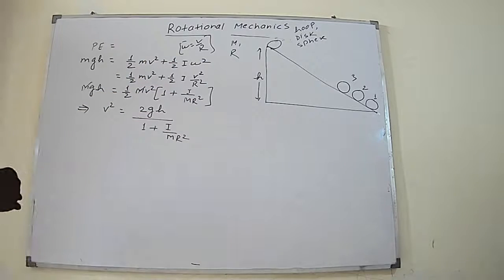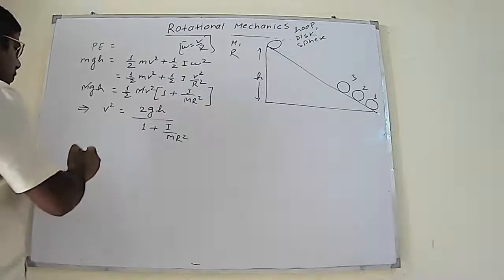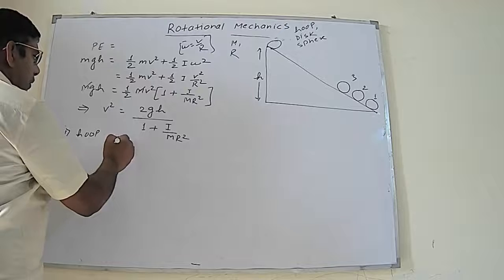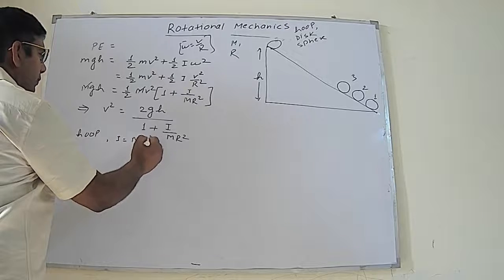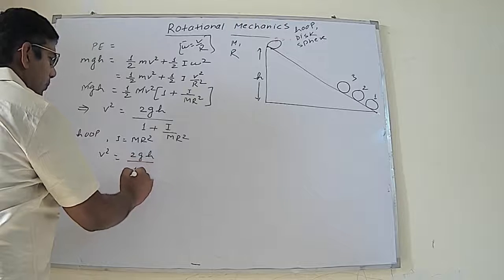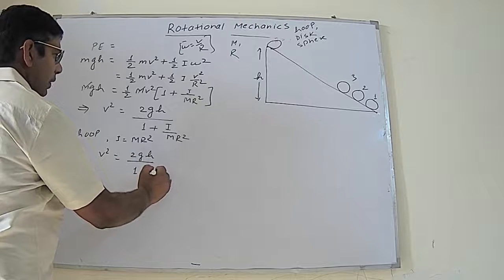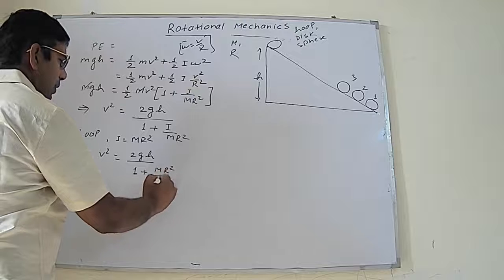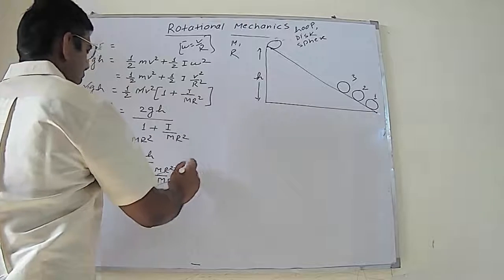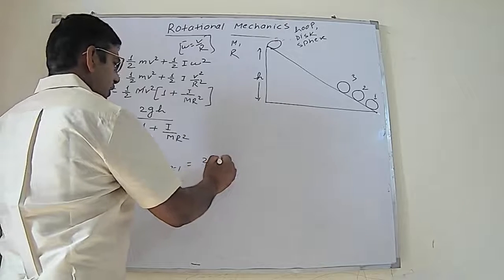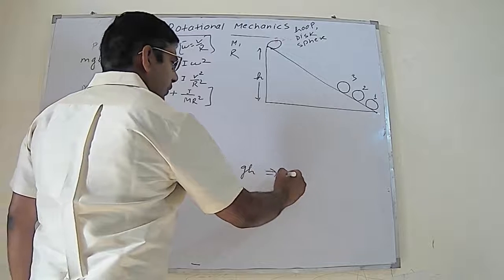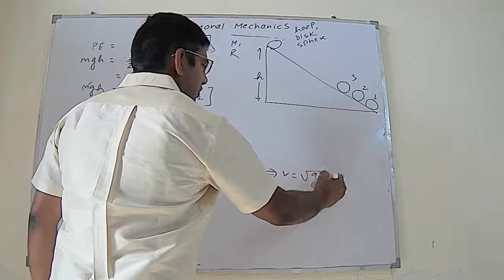For the first case, the hoop, I is equal to mr square. So v square will be 2gh over 1 plus mr square by mr square, which is 2gh by 2 equal to gh. So v is equal to root over gh.